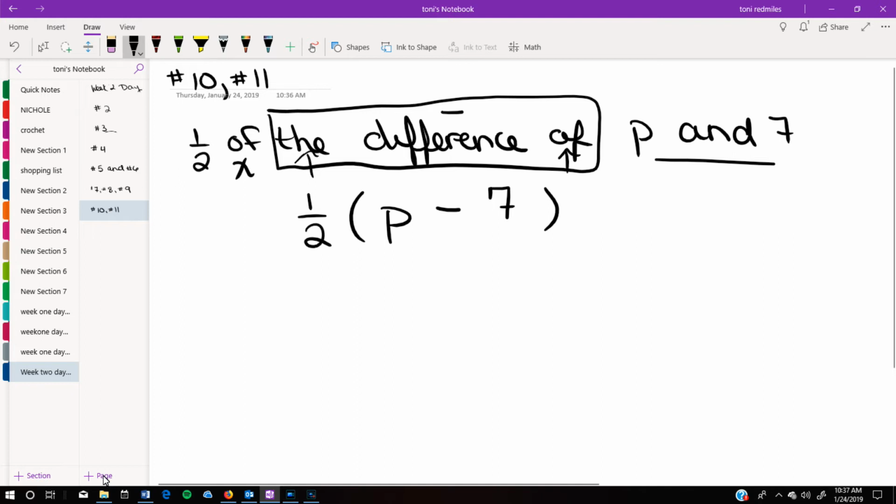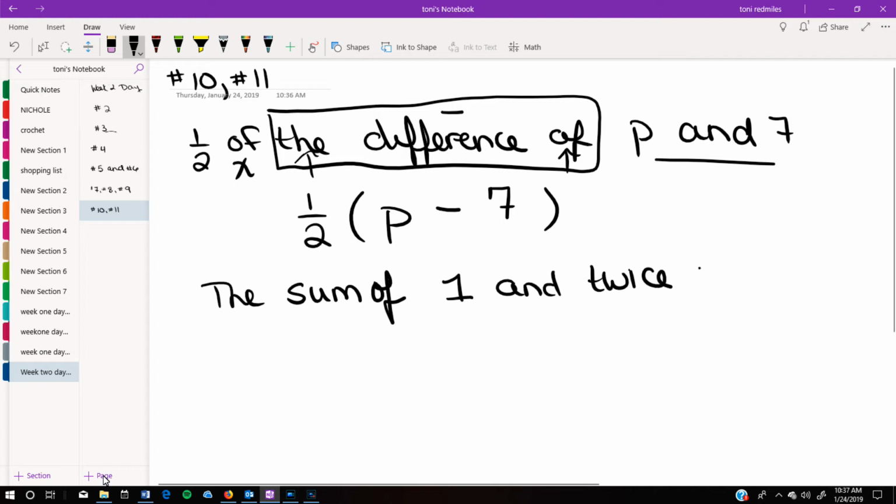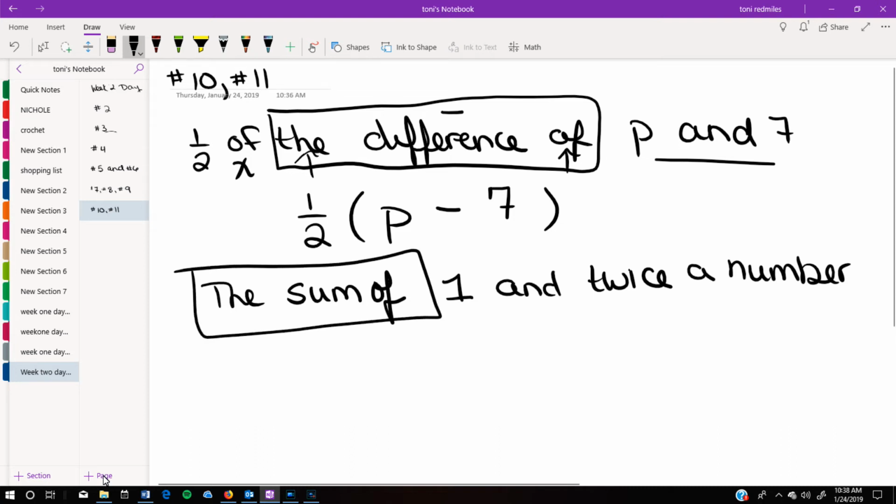All right, so number 11 says write the expression for the sum of 1 and twice a number. Okay, so this means parentheses, and I'm adding in the parentheses.